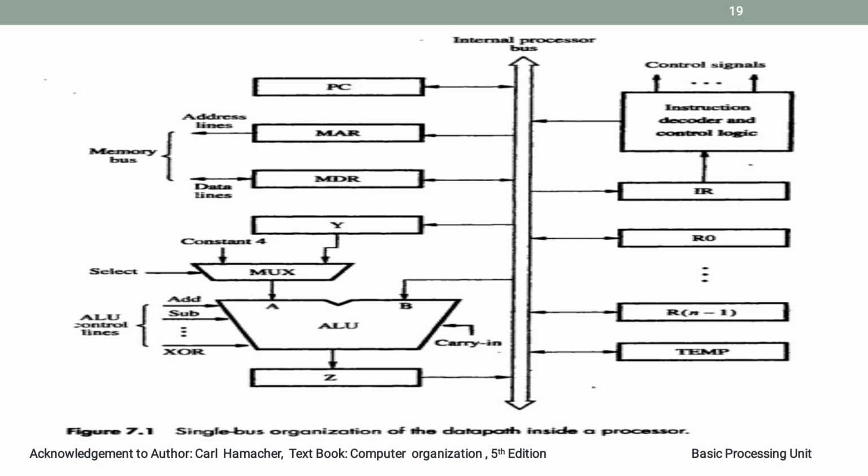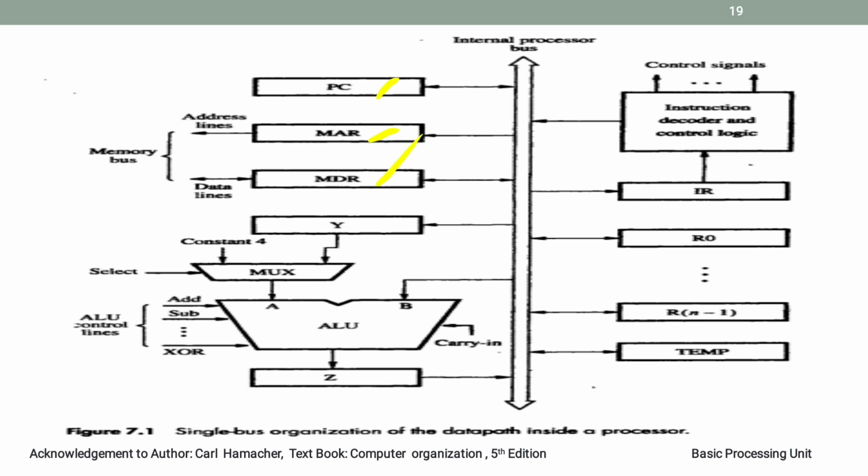The processor has the program counter, that is PC. It always stores the address of the next instruction whenever the processor is executing a program. This is MAR, the memory address register, which holds the address of the memory location with which the processor wants to communicate for a read or write operation.